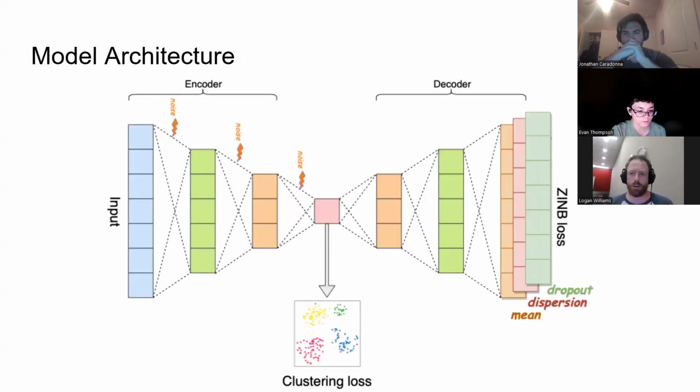The new model architecture has some key differences from the standard autoencoder, mainly these custom loss functions. Now the model is learning latent features by reconstructing the input as a zero-inflated negative binomial distribution, while also improving the cluster assignments with the clustering loss term.